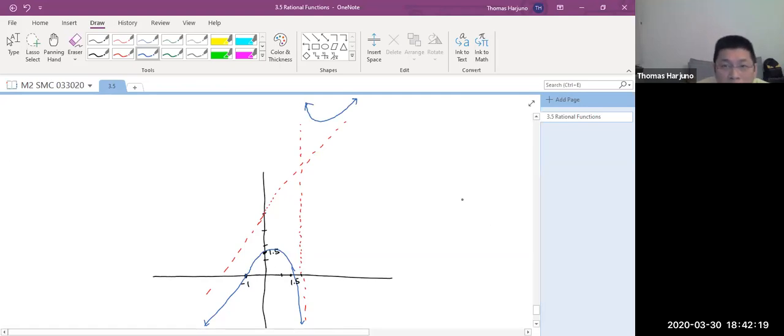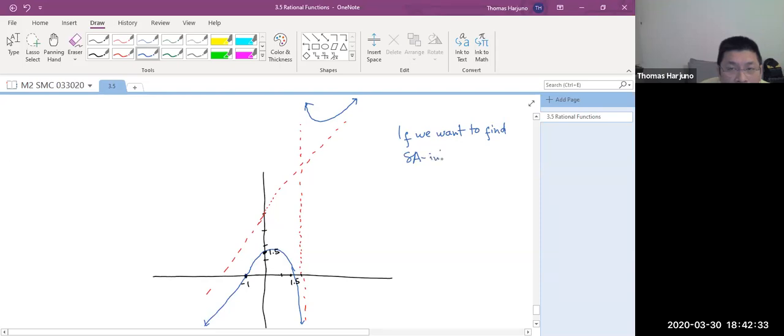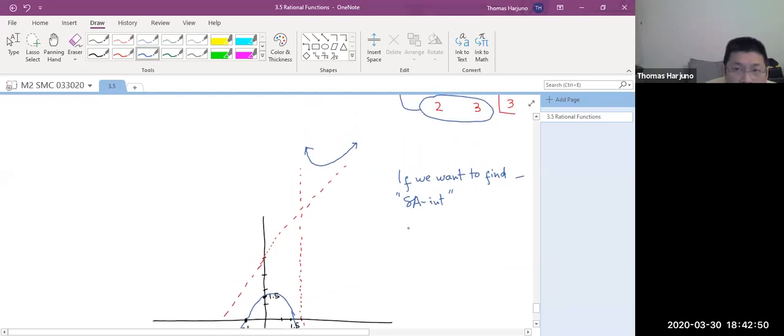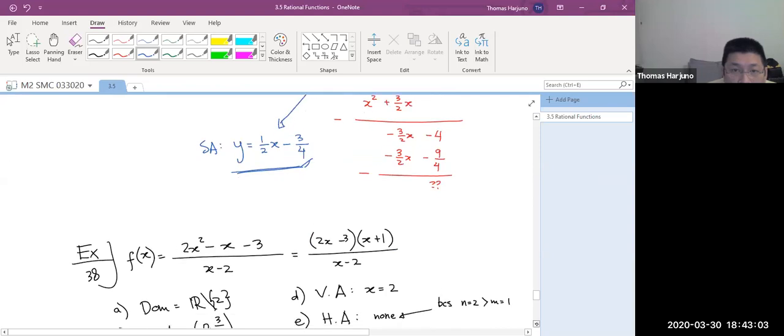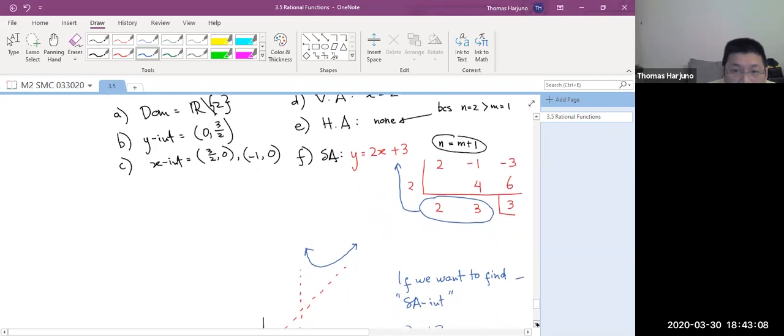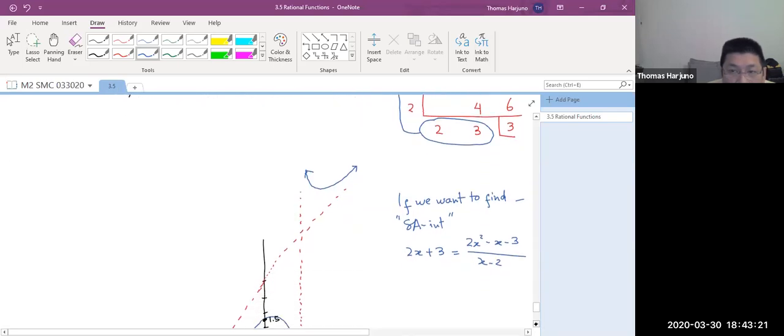Okay. Now, in case we want to find the slant asymptote intercept, the coordinate where the graph intersects the slant asymptote, what we can do is set the slant asymptote, which is 2x plus 3, equal to the function, 2x squared minus x minus 3 over x minus 2, and then solve for x.